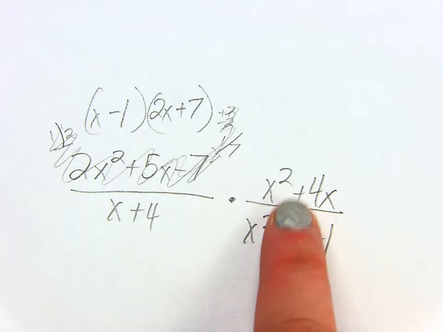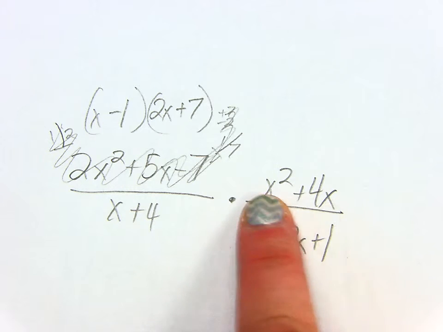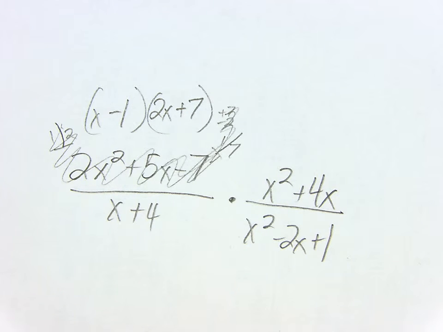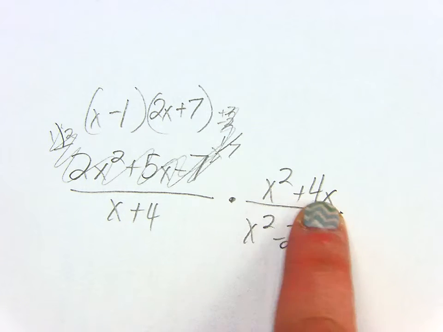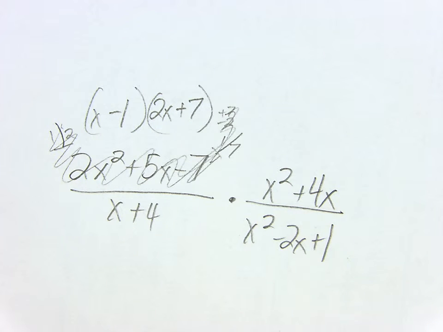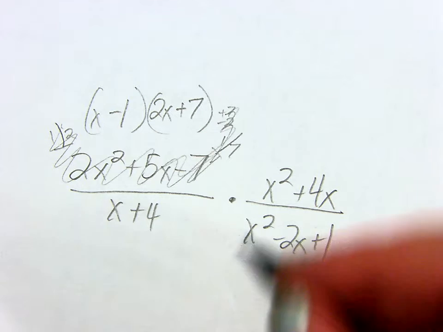What am I going to take out of this one? X squared plus 4x, if anything. Can I do anything with x squared plus 4x? I can take out an x.